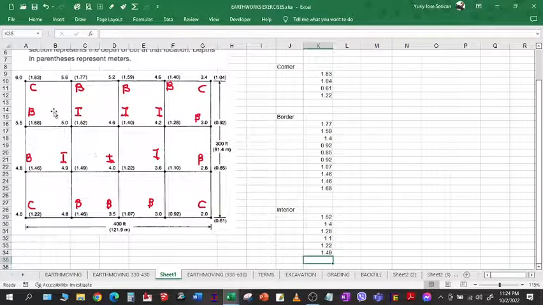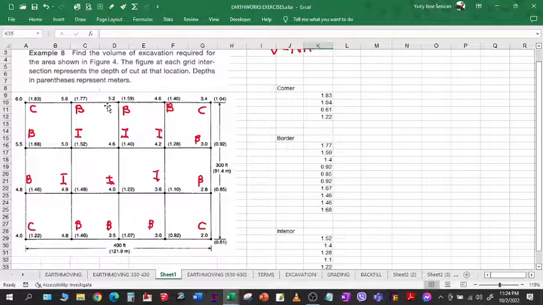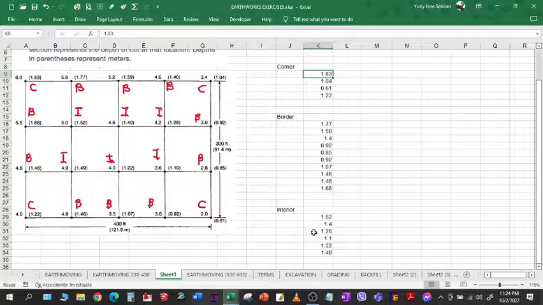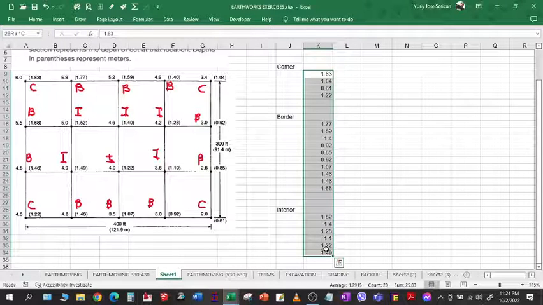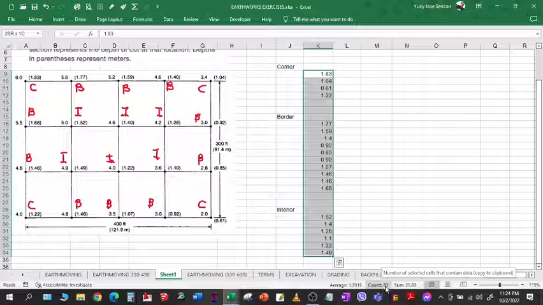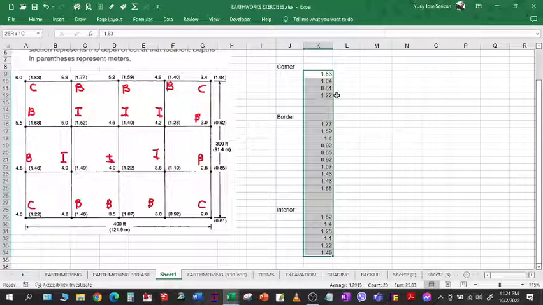Okay, so how many intersections do we have? We have 5 by 4. So there are 20 points. So let's see if we have 20 points here. So the count here is 20. So we have recorded all the points.